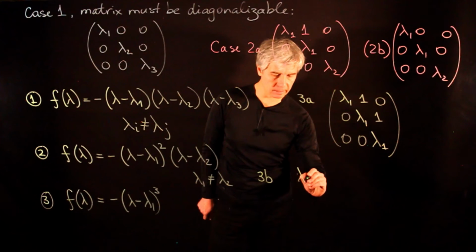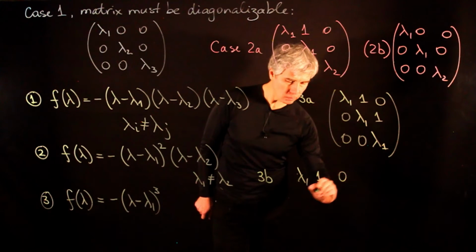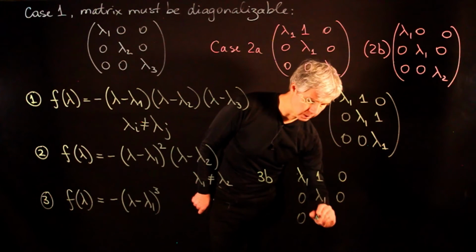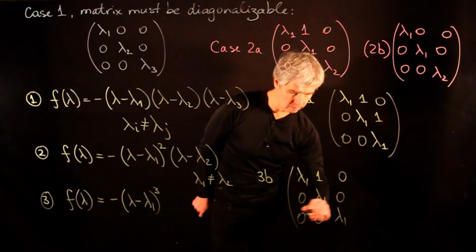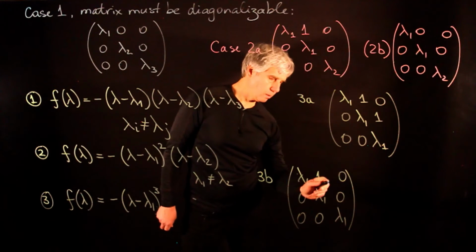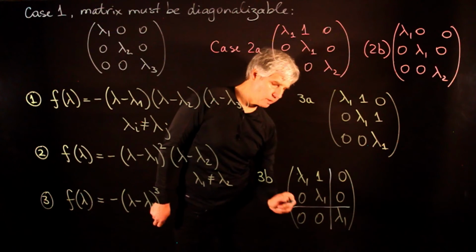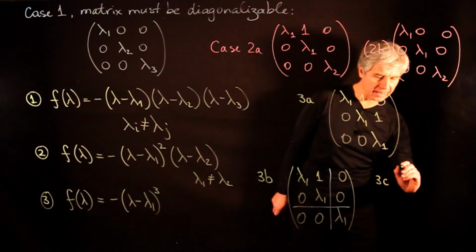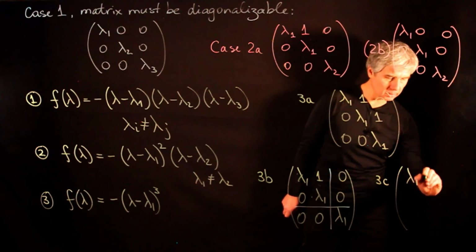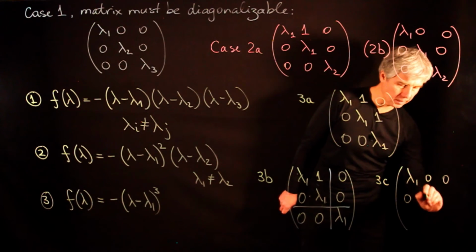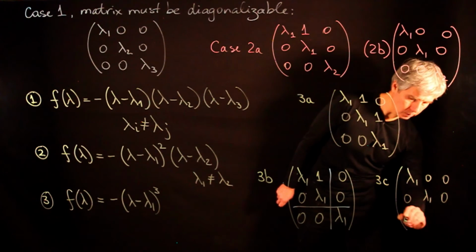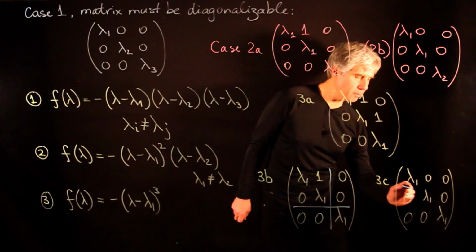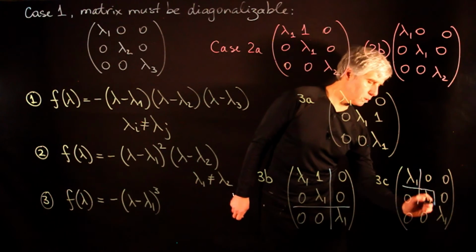So we get the matrix lambda 1, 1, 0, 0, lambda 1, 0, 0, 0, lambda 1. So this is the Jordan block decomposition in this case. And the case 3c is the diagonal matrix lambda 1, 0, 0, 0, lambda 1, 0, 0, 0, lambda 1. Here we have 3 1-by-1 Jordan blocks.